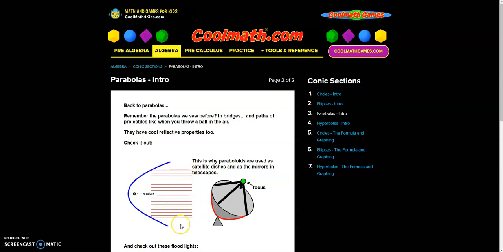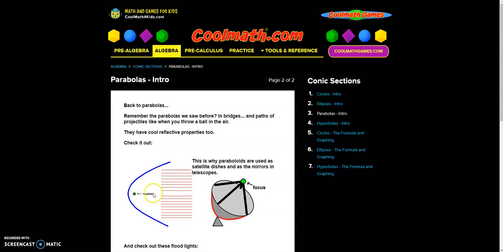So that whole surface area of your dish has a parabola shape to it, and as the signal comes in, the parabola has this cool reflective property that everything reflects to that focal point. So it takes that whole surface area of the dish and focuses it all onto one spot, significantly increasing the intensity of your signal, strong enough to actually turn it into a TV signal.